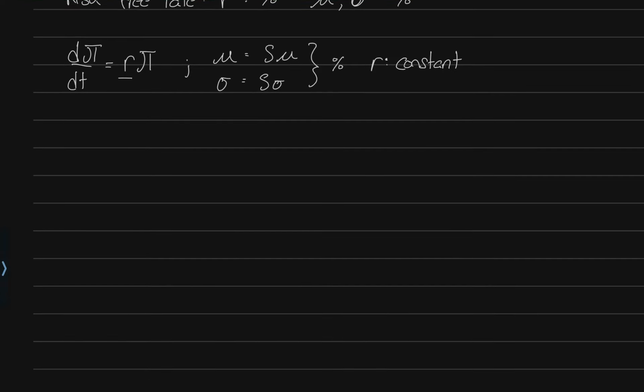Now we can rewrite this in the following way. We can say that d pi is equal to R pi dt.